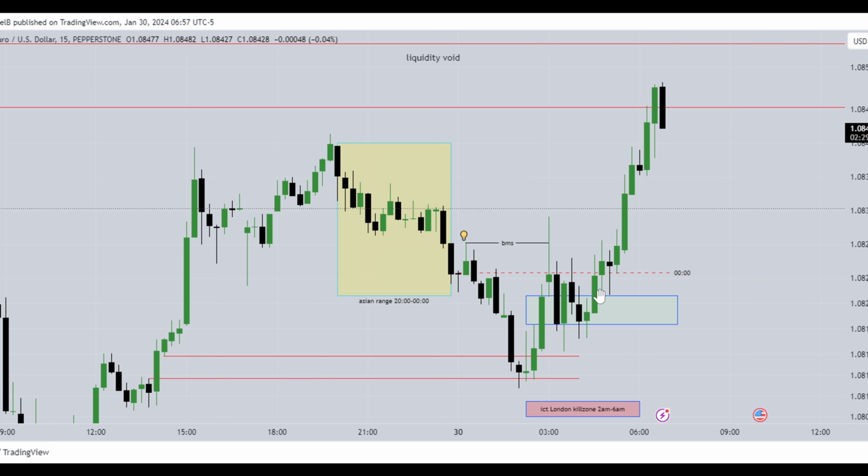So you can set your buy limit order here, and your stop loss below here, and aim to take profits above this Asian session high, as we say, the purge revert template. That Asian session accumulation, this consolidation here till 00.